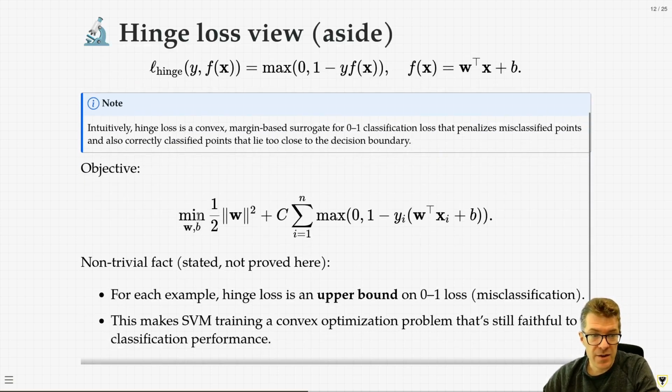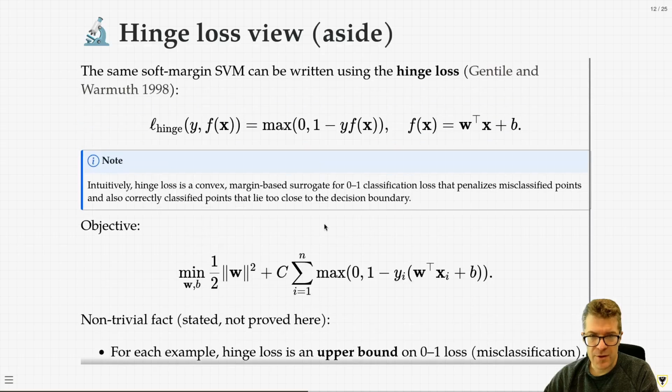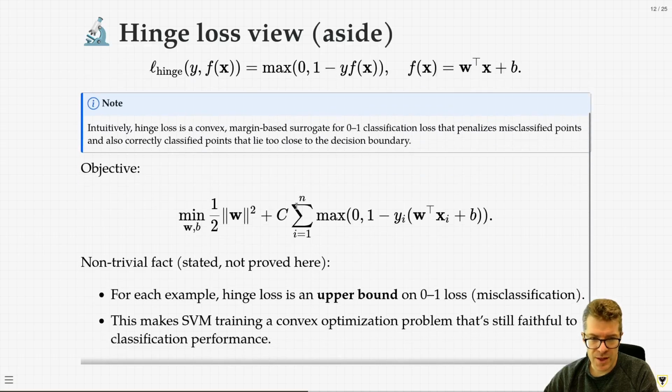This is the objective. We're choosing W and B to minimize this overall function. We have the same first term as before, and we have this other term, which is C times the sum over all of our data points of the max of these quantities. If this goes negative, then we get 0. Otherwise, we get whatever this positive value is.